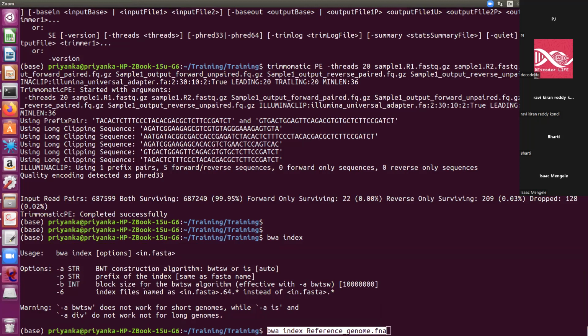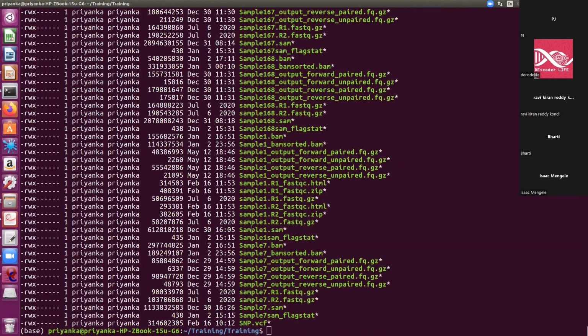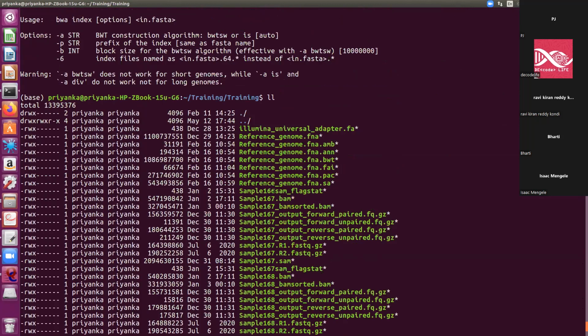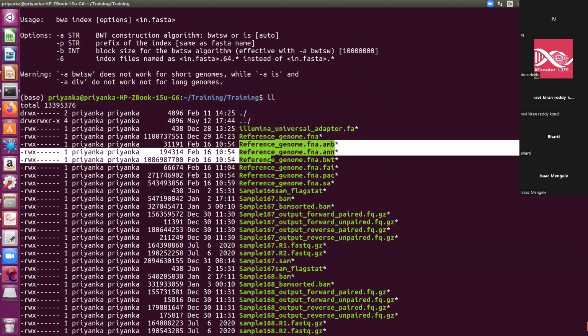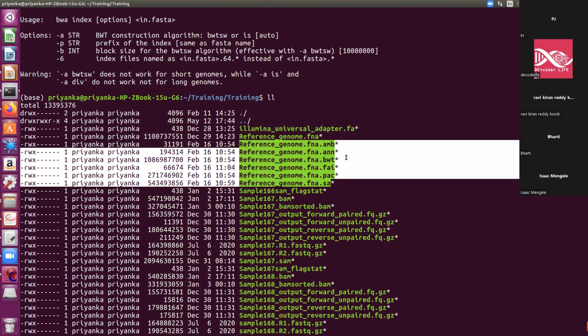I will show you what files will be generated as output, because if I start the run, then the output files which I have already generated will be rewritten. See, after running that command, these many output files will come. Because it is indexing the genome, it gives the .amb, .ann, .bwt, .fai, .pac, and .sa files.